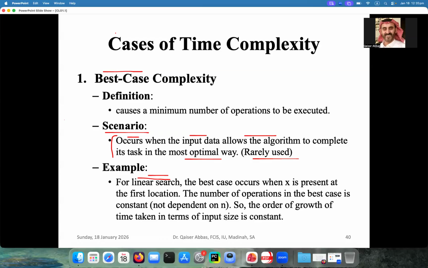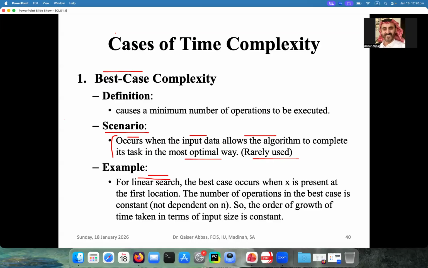But it doesn't mean that for all algorithms the best case would always be order of one. No, the minimum, for example, it can happen that for an algorithm log of n would be the best case, order of n square would be the worst case, and order of n would be the average case.